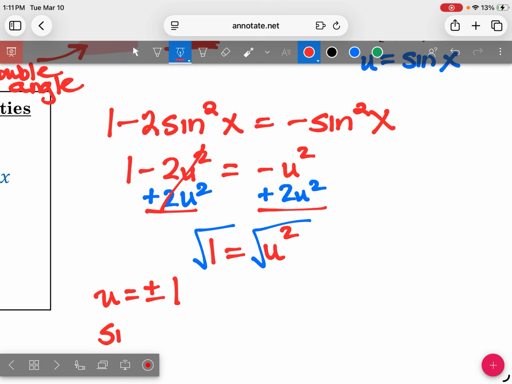So where on the unit circle is sine positive or negative 1? What would be your 2 answers?